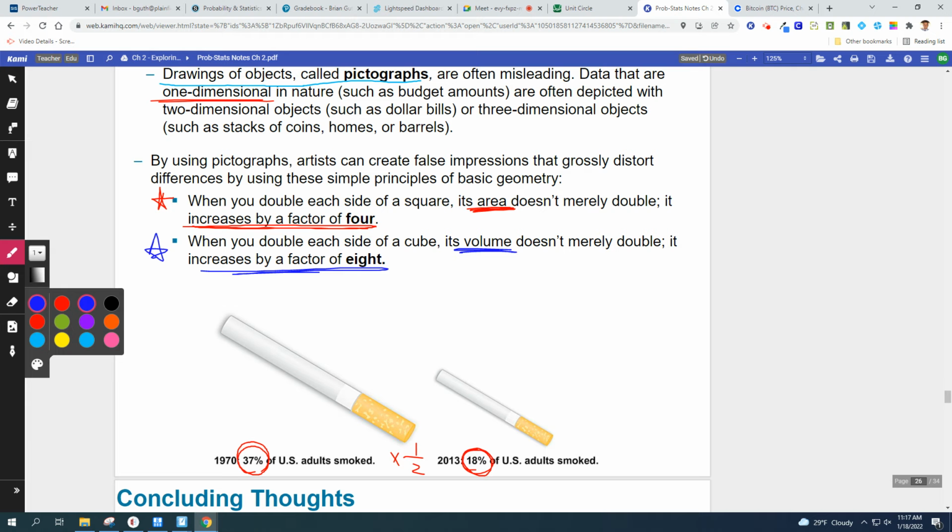So when you draw pictures to represent a list of numbers, you can skew the data or make it look completely different than what you intended, or maybe you did intend it to be deceptive. In general, area and volume are going to be bad for us.